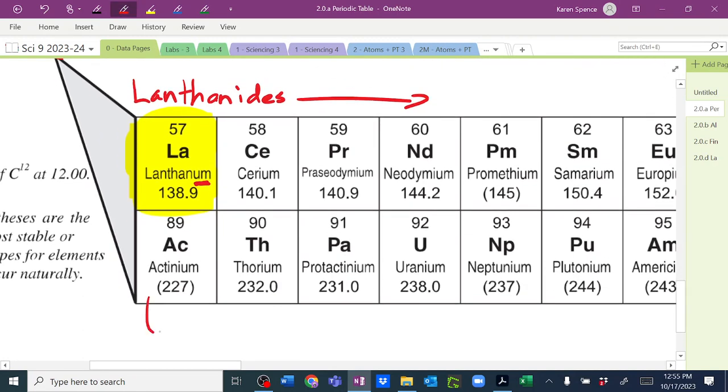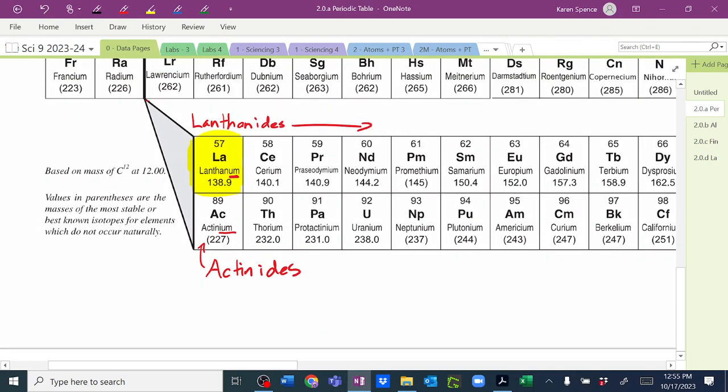And this row here, we take off the -ium and we have the actinides. Are these guys metals or are they non-metals? They are metals.